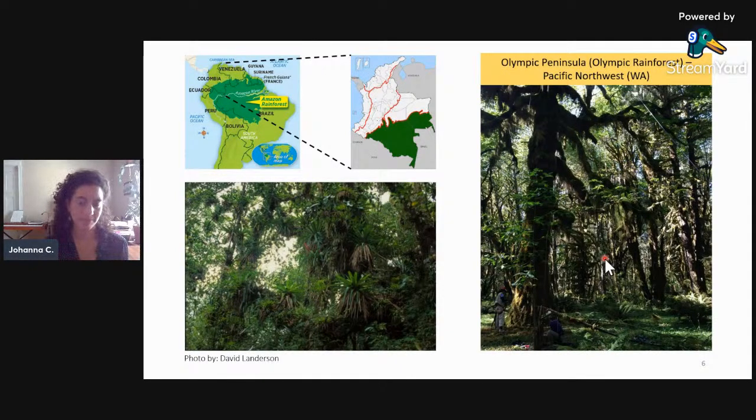All that tissue also accumulates over the branches and forms organic matter. Also, in these habitats there are insects, microorganisms, and invertebrates that live there, but eventually they also become organic matter that accumulates over the branches of the trees.